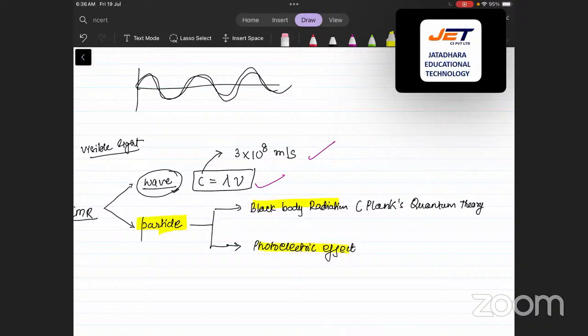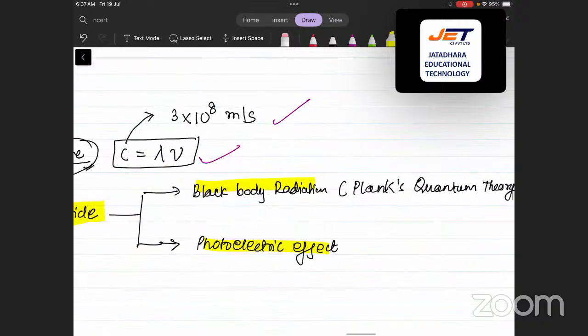Black body radiation is basically, you might have observed that when we are heating something, as we change the temperature, the color of the object changes, right? So where did this word black body radiation come from? A black body is any object which can absorb all the radiation and also give out all the radiation.